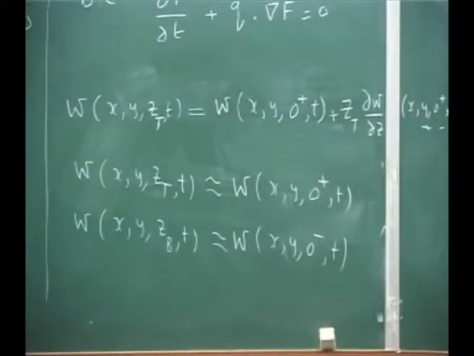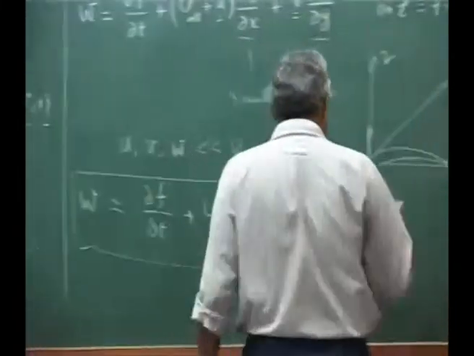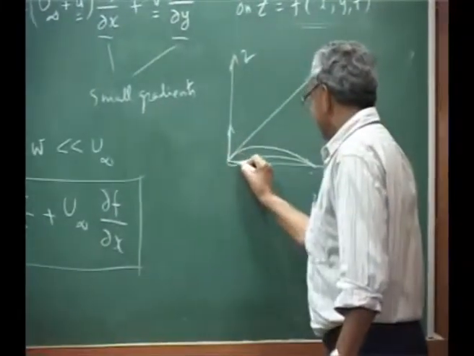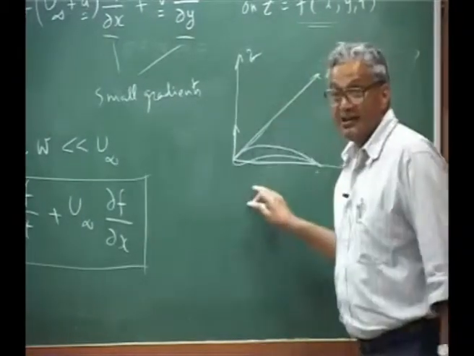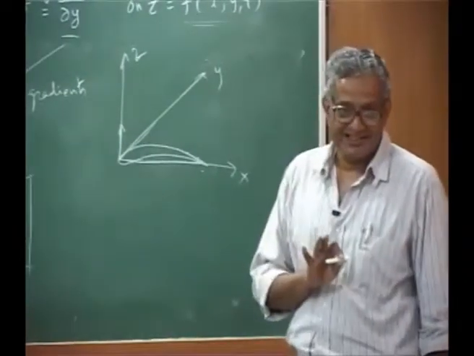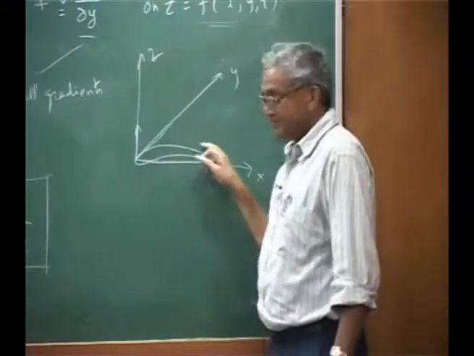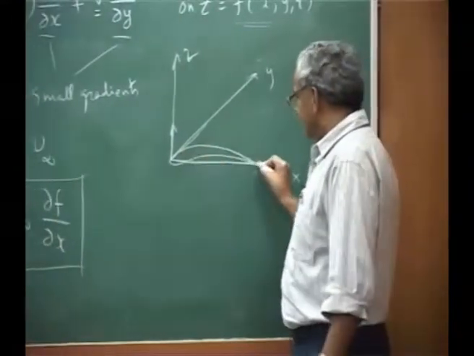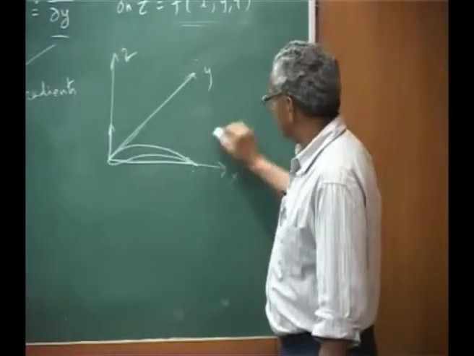Okay, which means I am simply satisfying the condition on this line. Please understand, on this plane. Only on the xy plane I am satisfying the condition. I am not really going and satisfying the condition at the top surface. This is the aerofoil or the entire wing span.